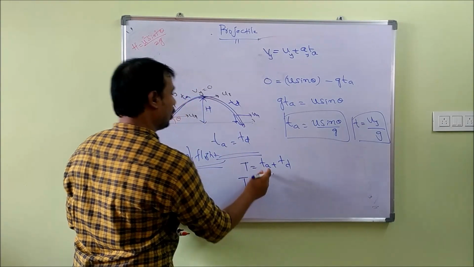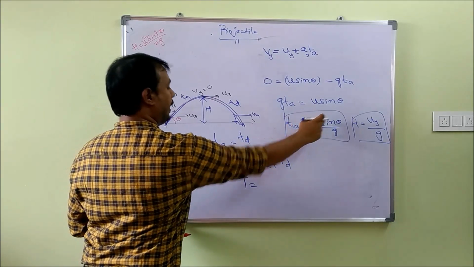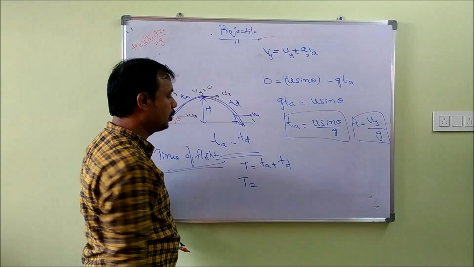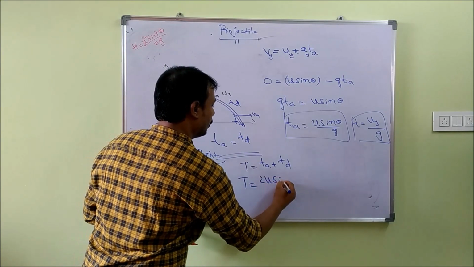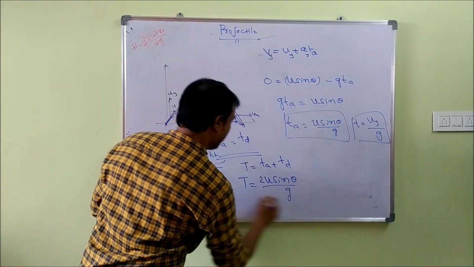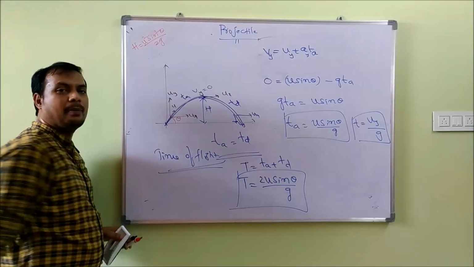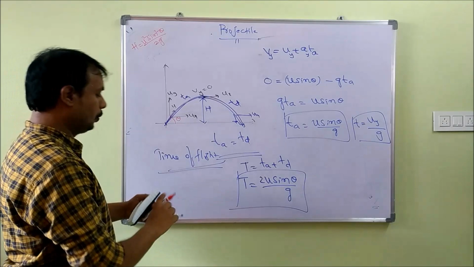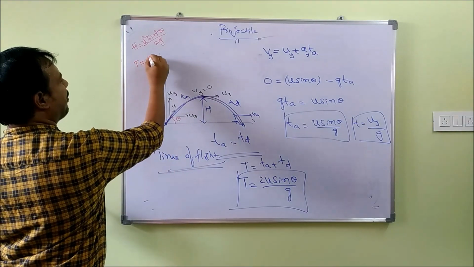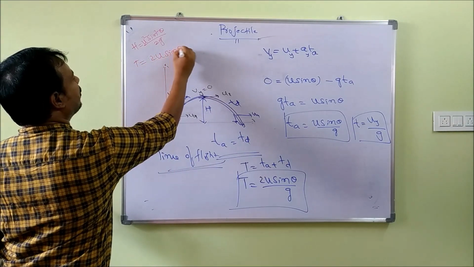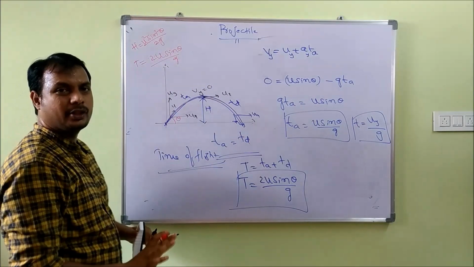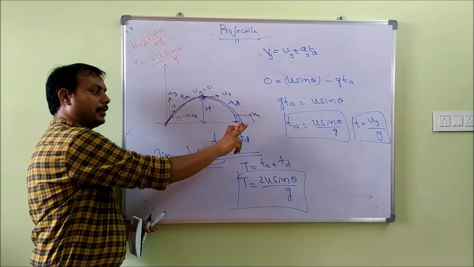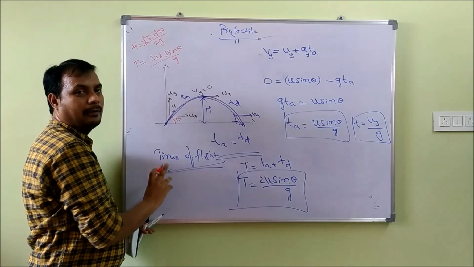That is t equal to, what is time of ascent? u sin theta by g plus td, which is the same as u sin theta by g, which equals 2u sin theta by g. This is the time of flight equation, or total time equation. Any doubts? So this is time of flight and time of ascent, time of descent, time of flight.